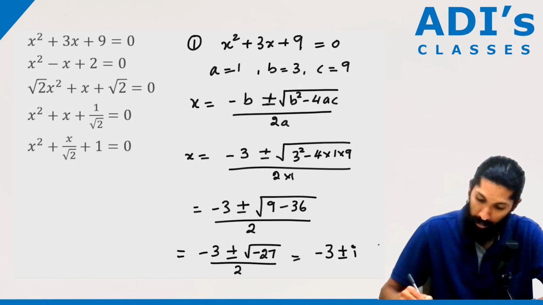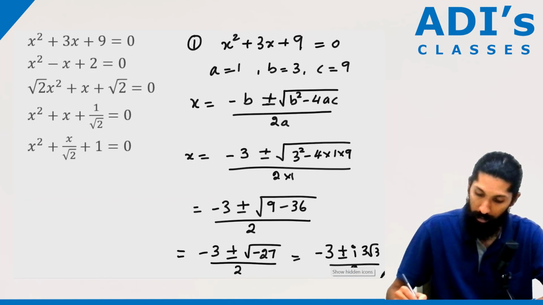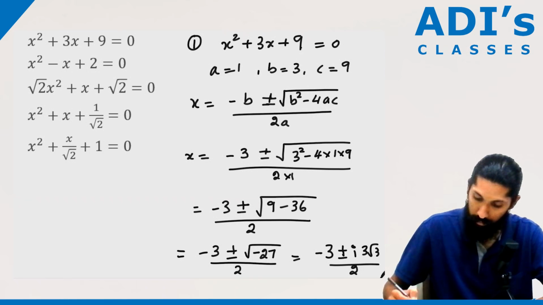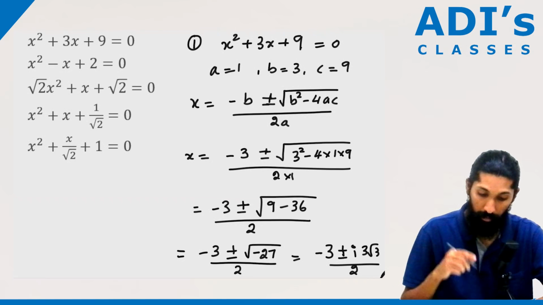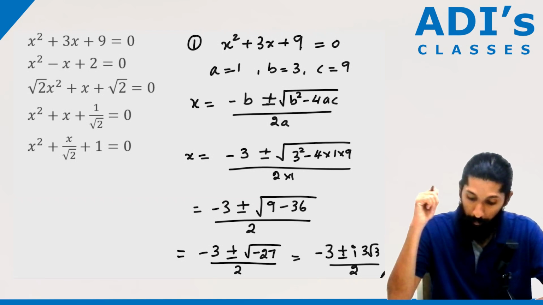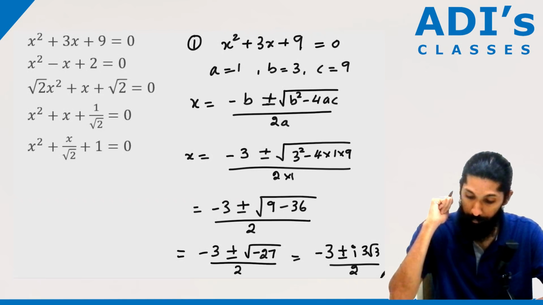So x = (-3 ± i·3√3) / 2. This is the answer for the first question.